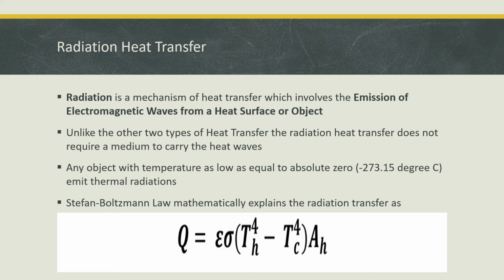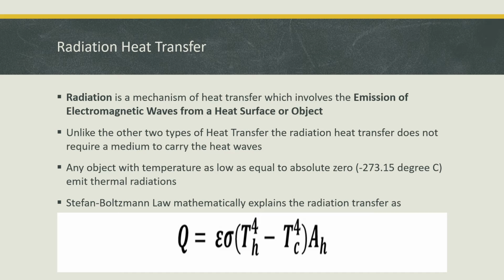When electromagnetic waves are emitted, then the radiation heat transfer takes place from those emissions. This transfer requires no medium, unlike the other two heating processes, namely convection and conduction. So it does not need any medium. That is why we receive heat energy from sunlight in the form of radiation.